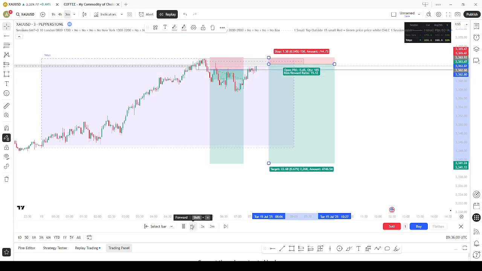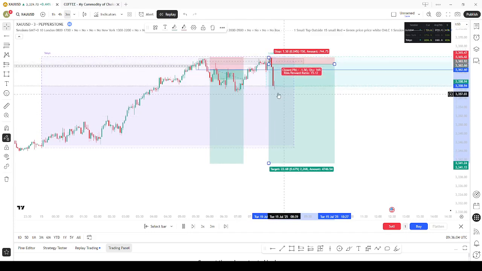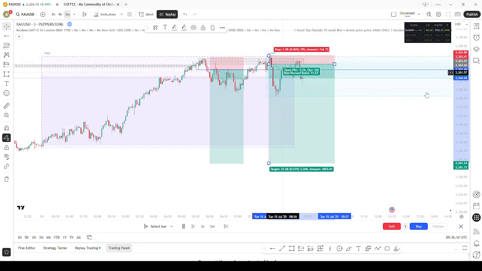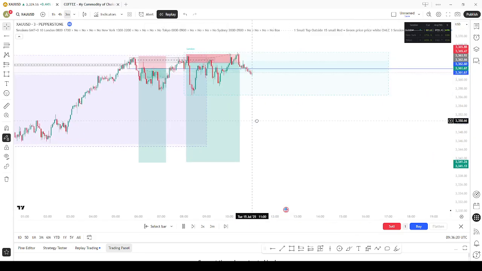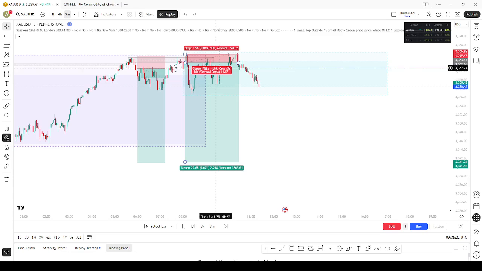Just have to use just a little bit of... I'm supposed to put it somewhere there. You see, price will always torture you.